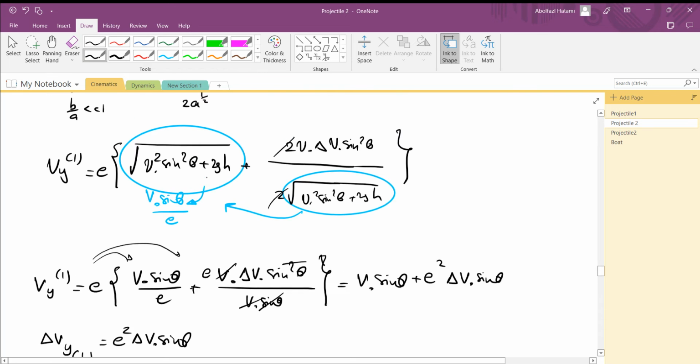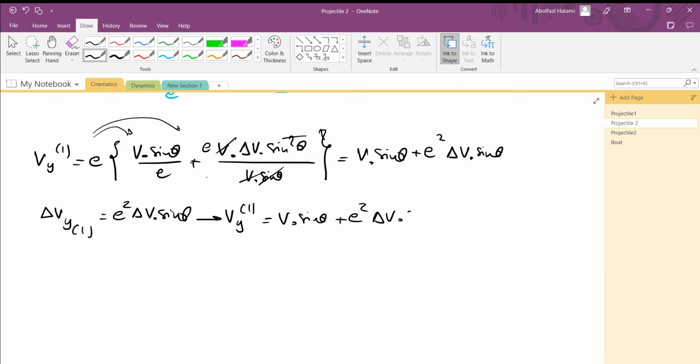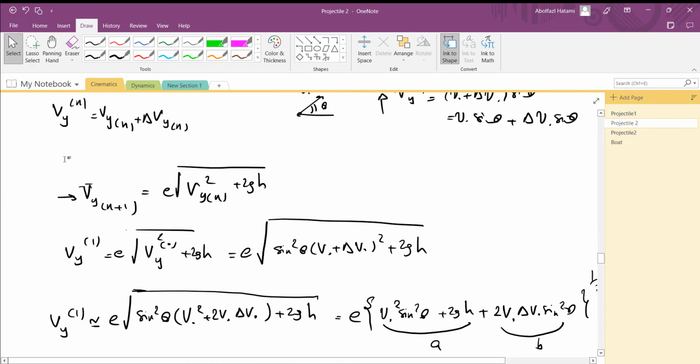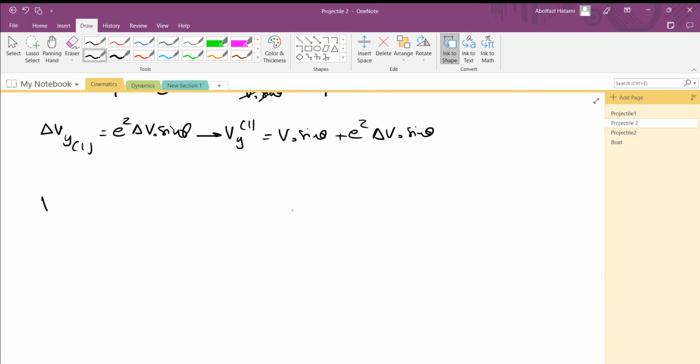Now because we have vy1, we can again use this equation to find vy2. And if we do this, I don't want to write anymore, we can understand that it is going to be something like this, e4 delta v0 sine of theta, and so on.